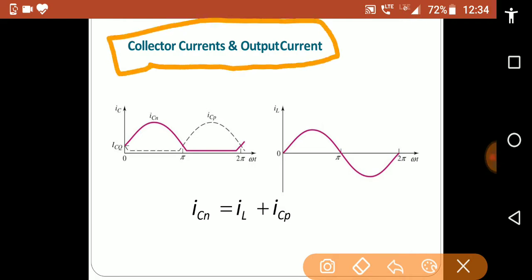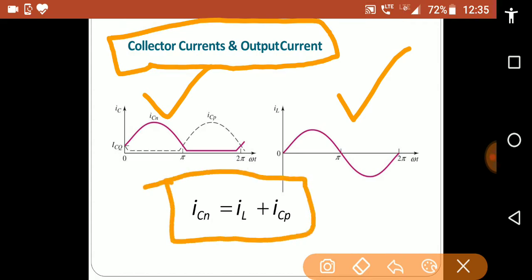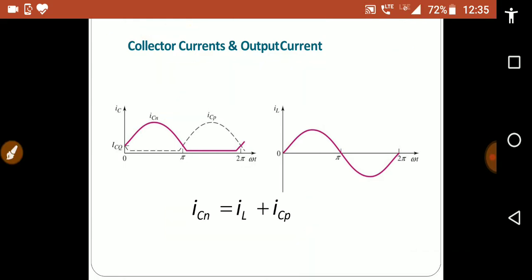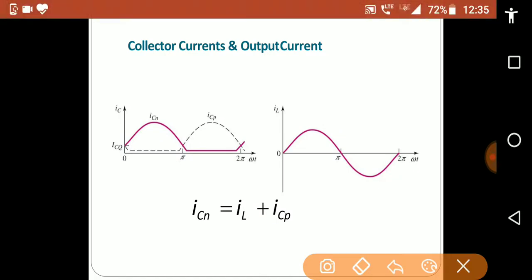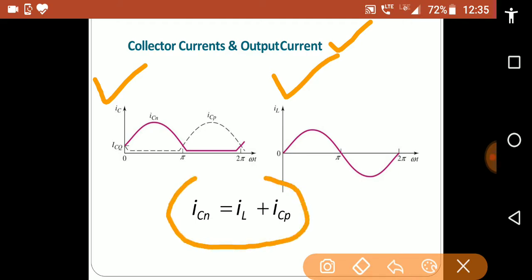This graph represents the collector current and this represents the output current. So ICN equal to IL plus ICP.